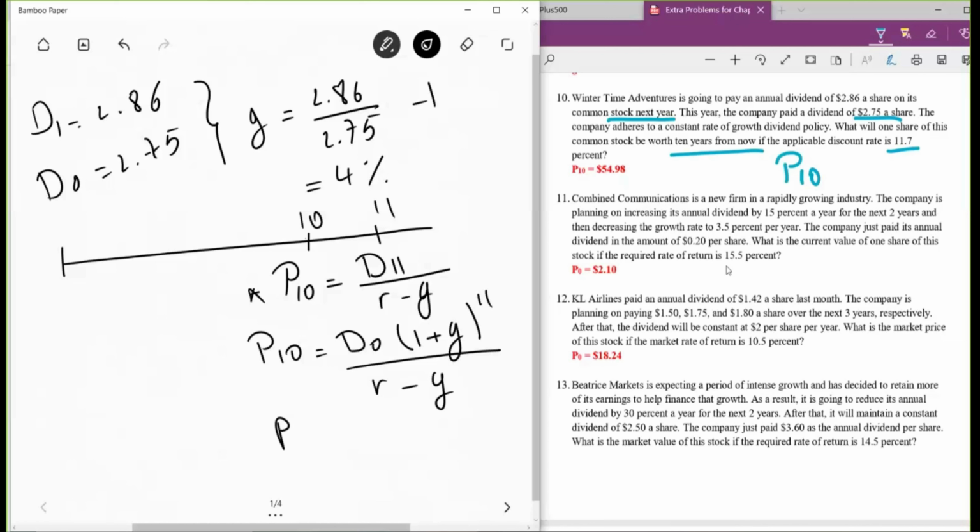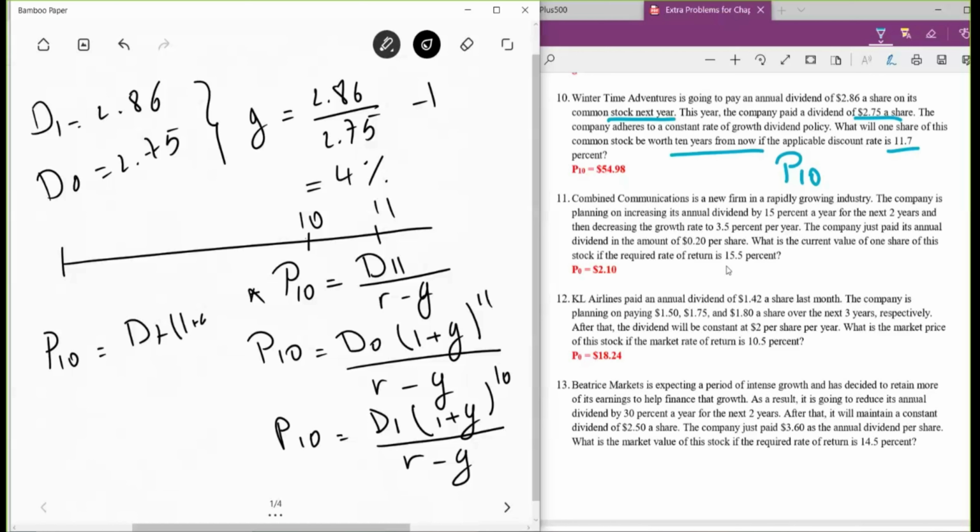Or I can say that P10 equals D1 into 1 plus the growth rate to the power 10 divided by R minus G. So whatever dividend I have, let's say I have D7, I can say that P10 equals D7 into 1 plus the growth rate to the power 4 divided by R minus G. So the idea is that 7 plus 4 equals 11. 1 plus 10 equals 11. 0 plus 11 equals 11.